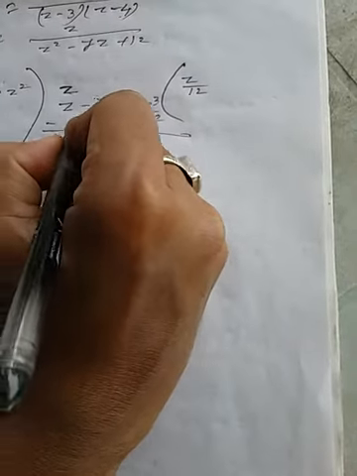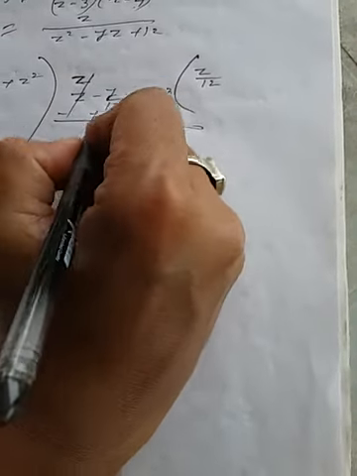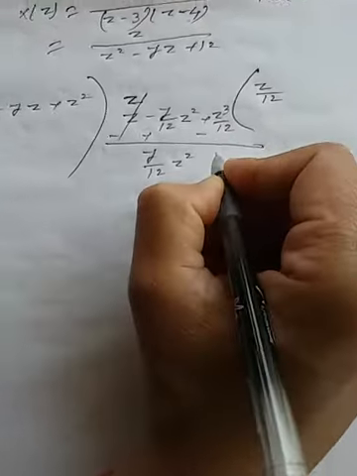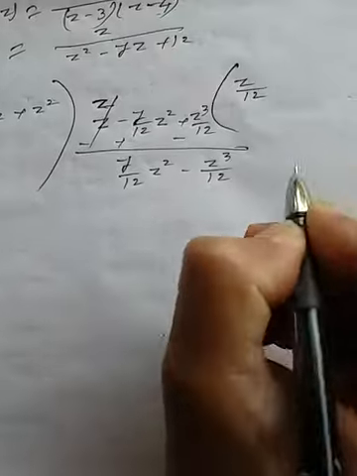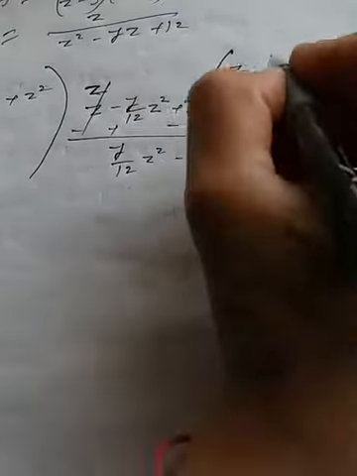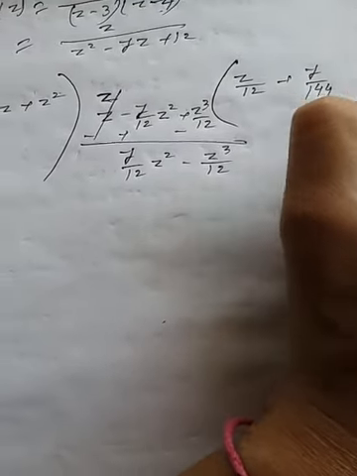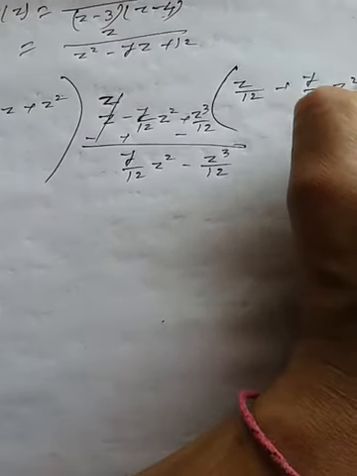Now subtract it, so it cancels out. Here is 7 by 12 z square, and this is minus z cube by 12, right? So to get 7 by 12 z square, again we will multiply by 7 by 144, right? 7 by 144 into z square.